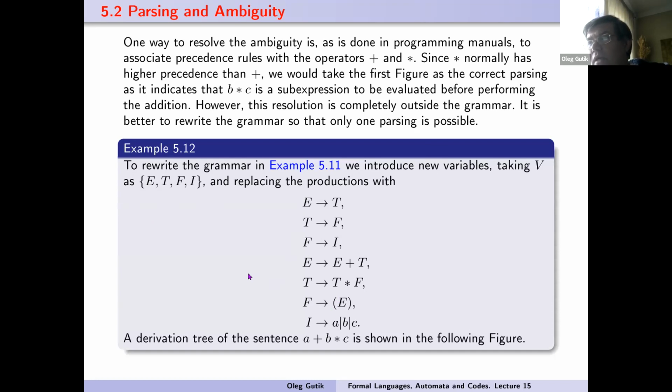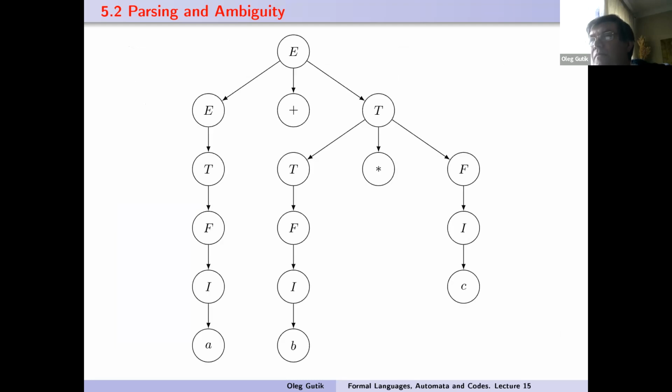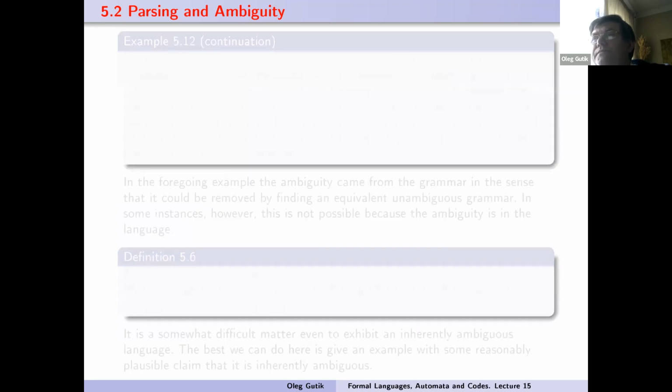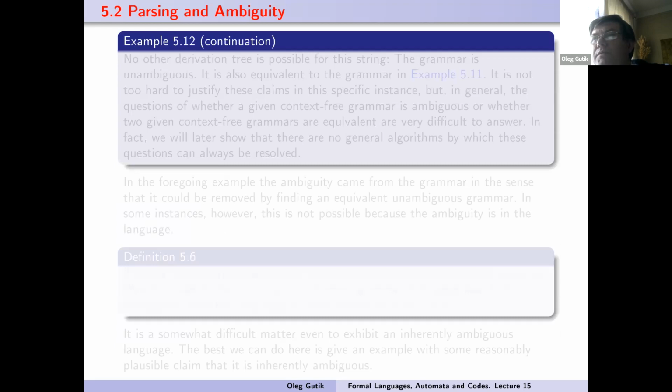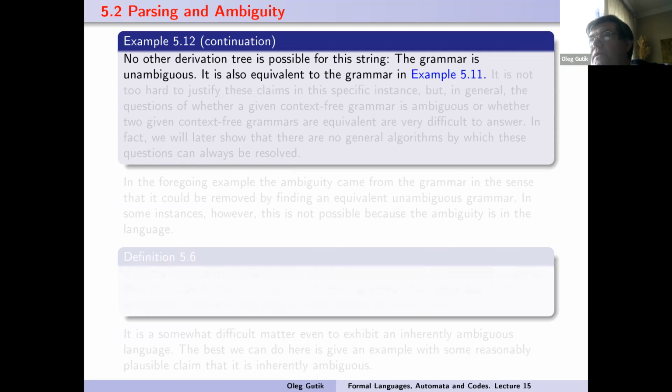The derivation of the sentence a + b * c is shown in the following figure. No other derivation tree is possible for this string. The grammar is unambiguous. It is also equivalent to the grammar in example 5.11.